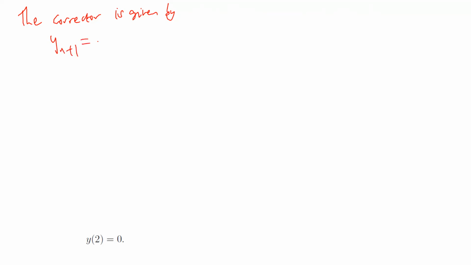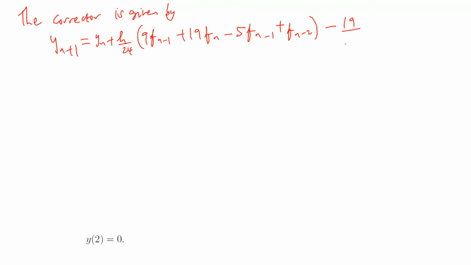So the corrector is given by y(n+1) = y(n) + h/24 [ 9 f(n+1) + 19 f(n) - 5 f(n-1) + f(n-2) ]. And then we remember that we have those, but we truncate. We remove the 720 term.